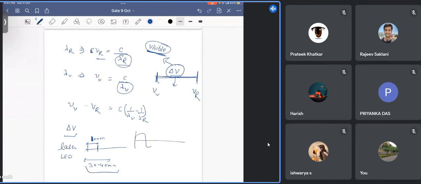You already know that wavelength is given by one cycle of the wave. So if this is your wave, then in the case of visible light, this is your delta nu.